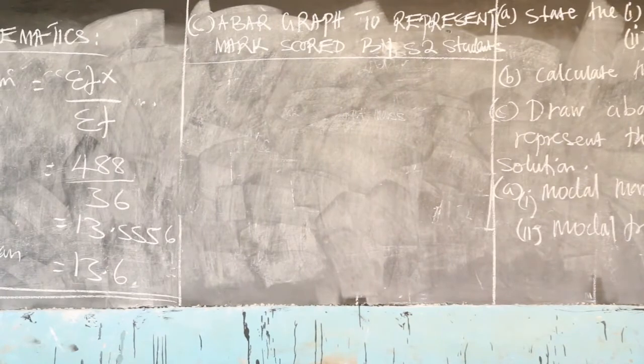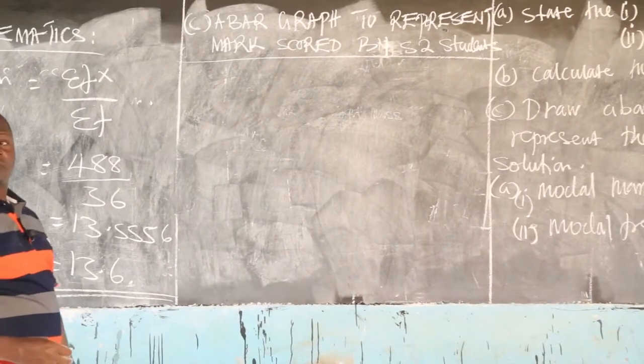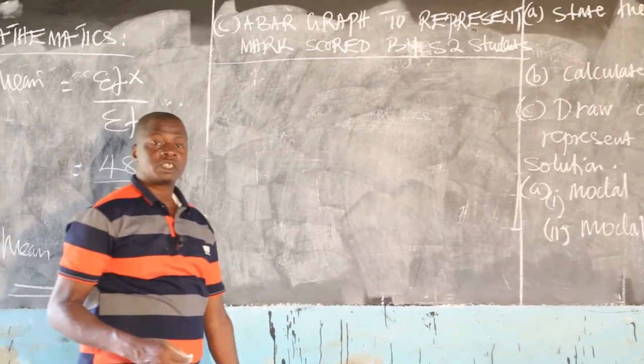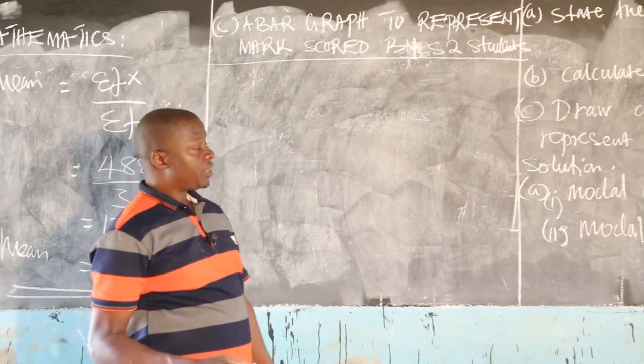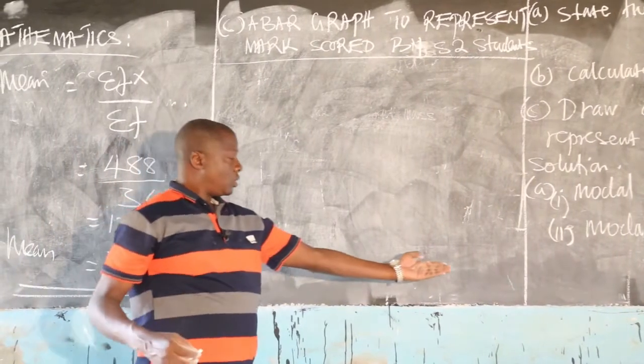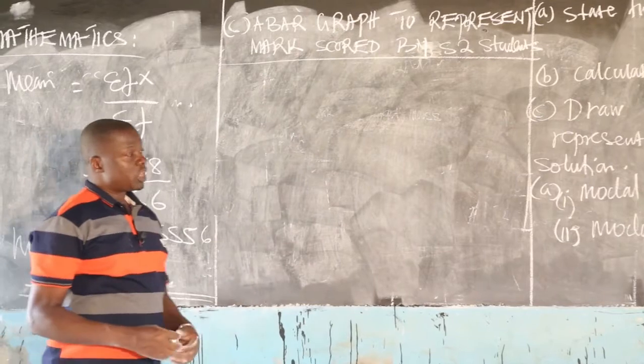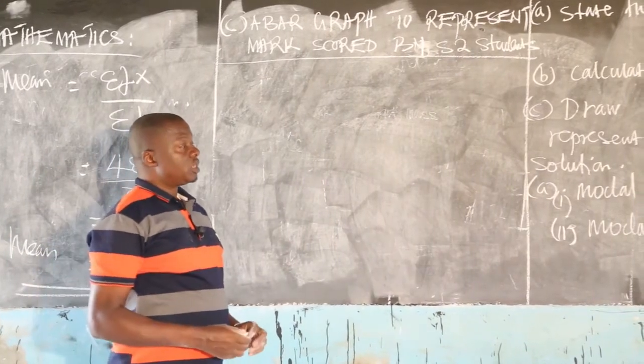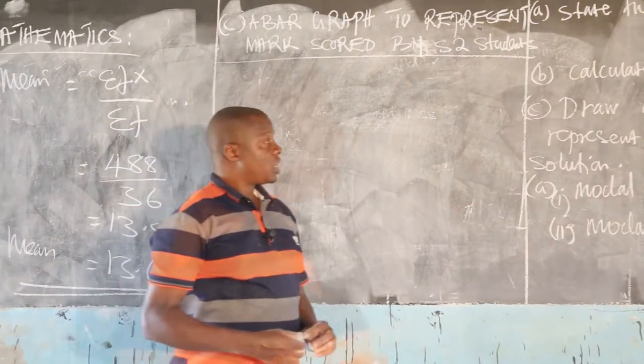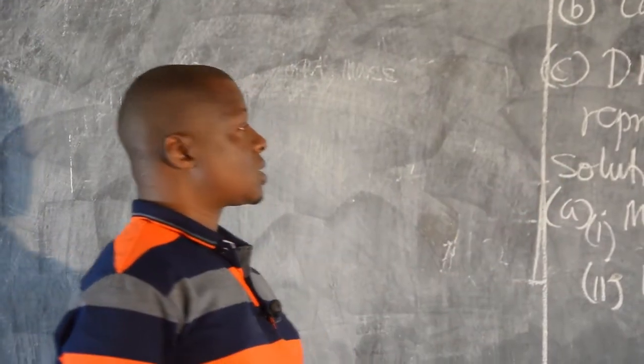On the vertical, we should have the frequency, whereas on the horizontal, we should have marks.